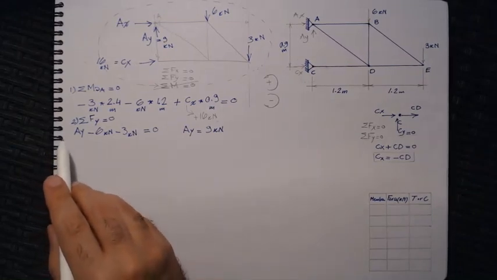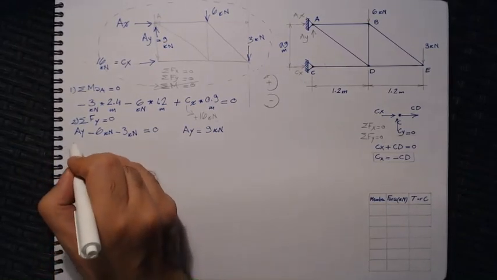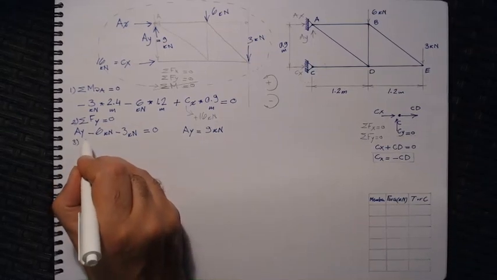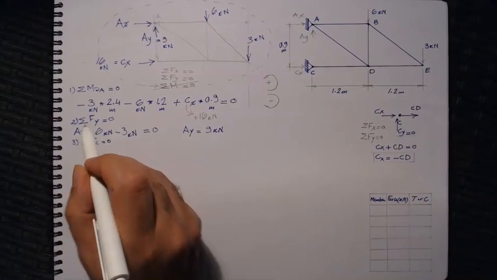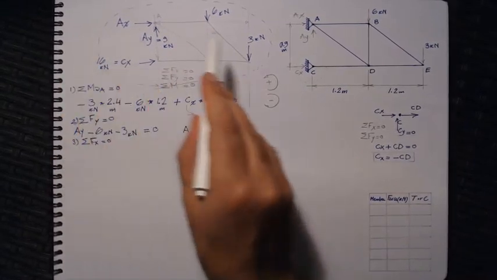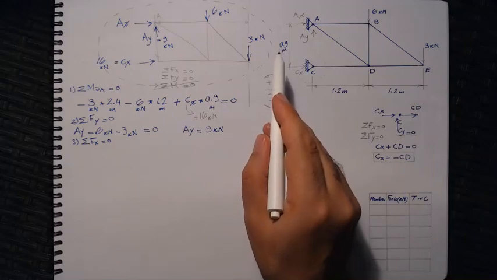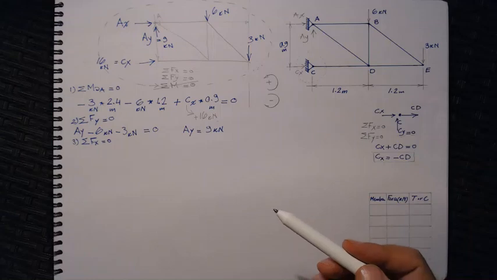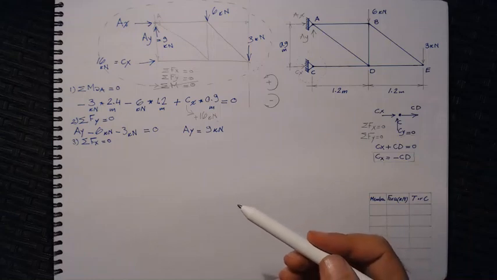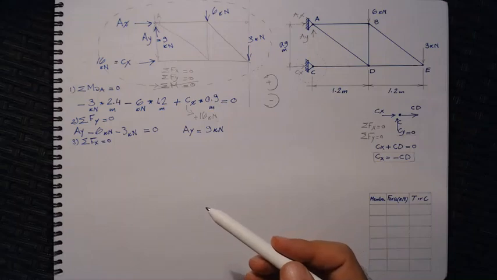This leaves us with the third equation, which is the summation of forces in X has to equal 0. All the forces in positive X, minus forces in negative X, has to equal 0.